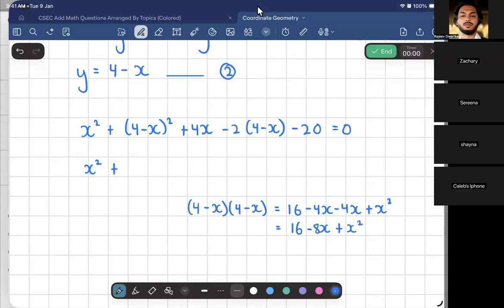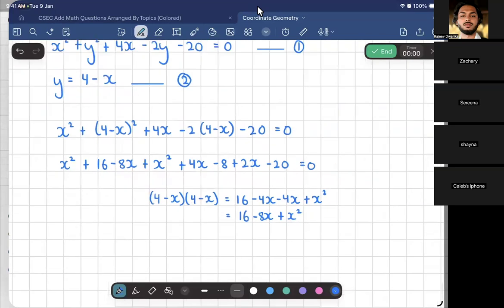That's what you get, right? I just rearrange it into quadratic form. Then I'll put plus 4x. Negative 2 by 4 is negative 8. Negative 2 by negative x is plus 2x. Minus 20 equal to 0. Yeah, we're on the same page?